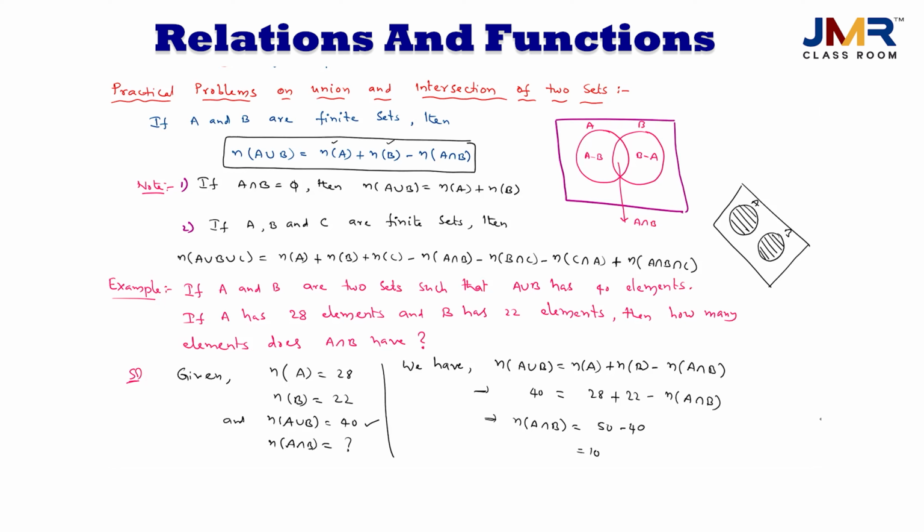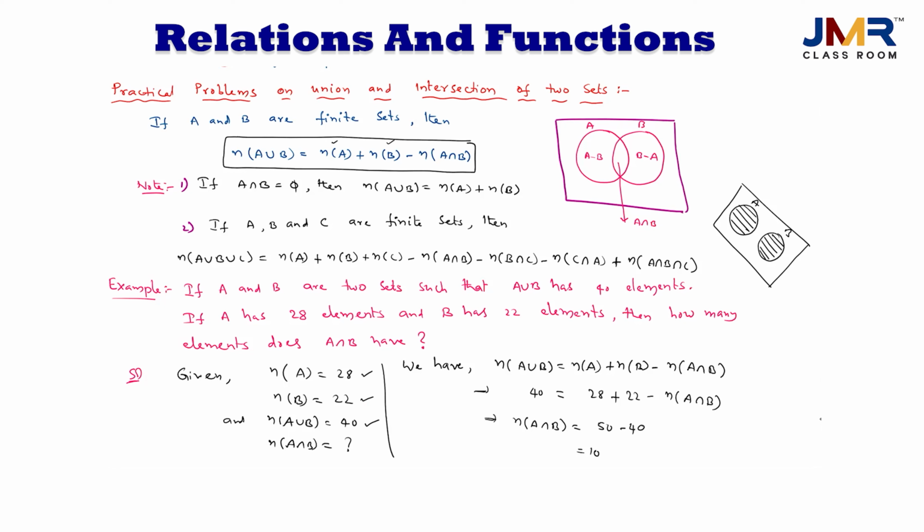A has 28 elements means n(A) equals 28. B has 22 elements means n(B) equals 22. He is asking to find n(A intersection B).